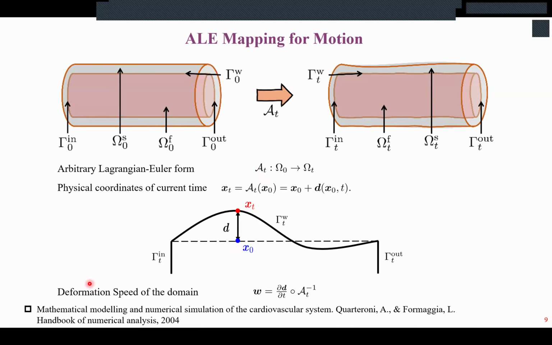We also introduce another variable, w, which describes the speed of the domain movement. Since d is defined over the reference domain, to define w in the current domain we need A_t inverse to map it back to the current domain. So the movement speed w is defined like this.